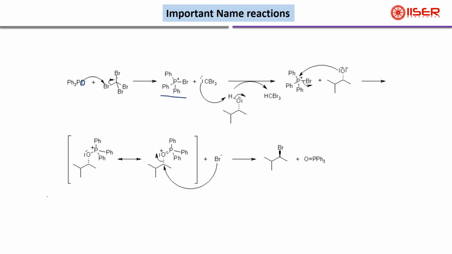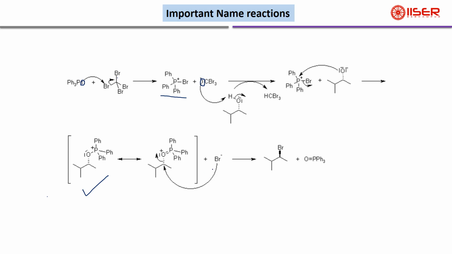After this, the negative charge will take a proton from the hydrogen of this alcohol. After that, this O minus will attack this phosphorus. As we know, the oxygen-phosphorus bond is one of the strongest bonds, so it will attack the phosphorus, bromine will be eliminated, and it will form this type of intermediate.